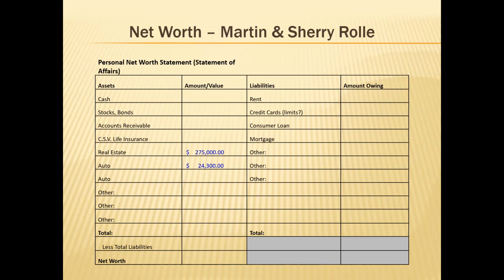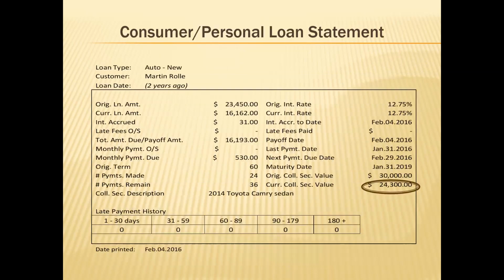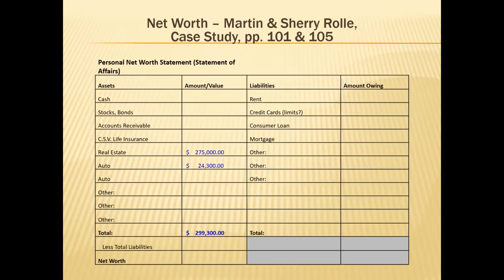We got that from the narrative, or the bank statement, right? So current collateral security value 24,300. Are there any other assets that we are given? No, that's it. Okay, so we can add those two, and we get $299,300 as total assets.